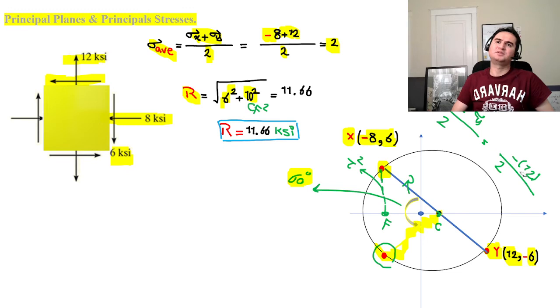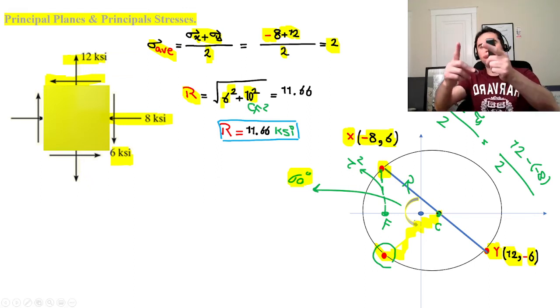Go with the higher one, so that's 12 minus negative 8 over 2. That's just due to the direction. You can go either way, but be careful about which one is the bigger.